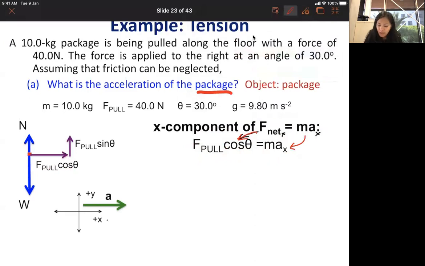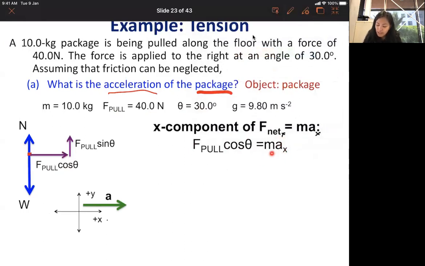We're given the mass, the pulling force, the angle, and gravitational acceleration, which we need for the weight later on. But essentially, we need to solve for acceleration. So we need to rearrange this equation to find the acceleration. That means we need to get rid of the mass on the right-hand side in order to isolate acceleration. So you do the reverse operation.